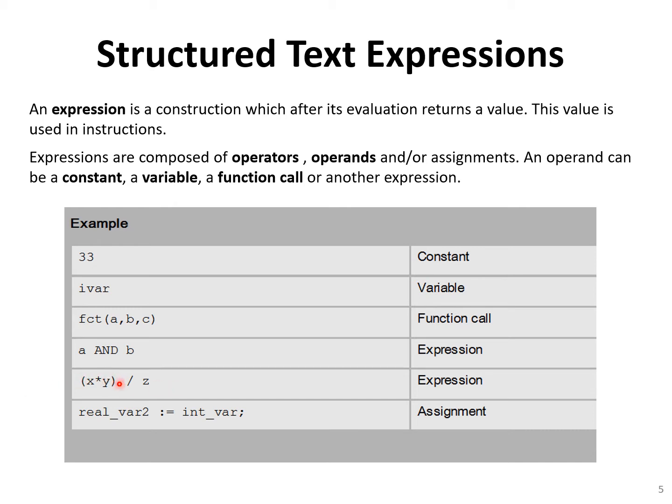This x multiplied by y divided by z is an expression, and real var2 equal to integer var is an assignment. Okay, so we have expressions, assignments, variables, constants, and function calls, and we have operators and operands.